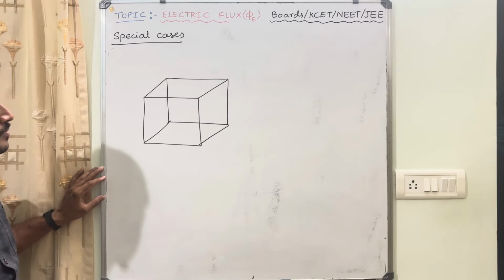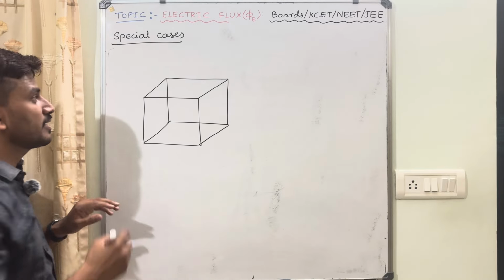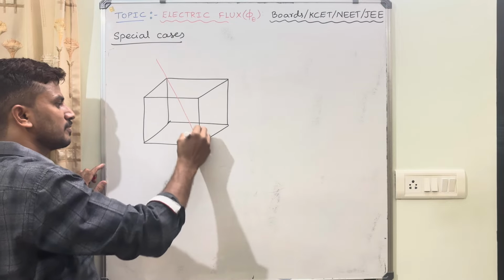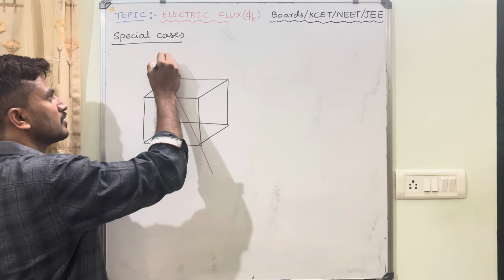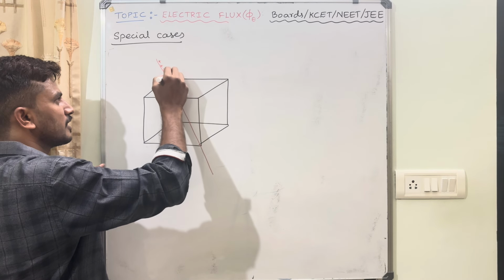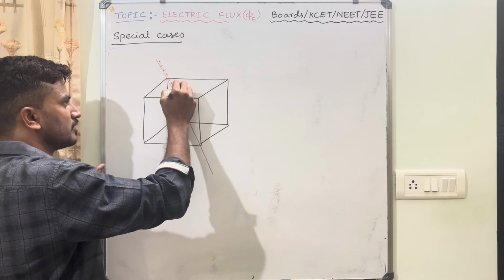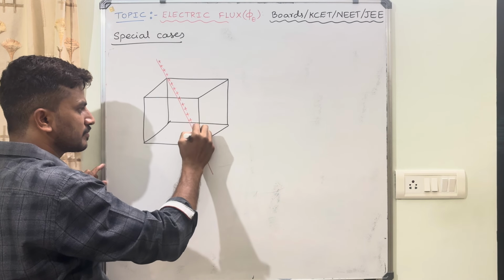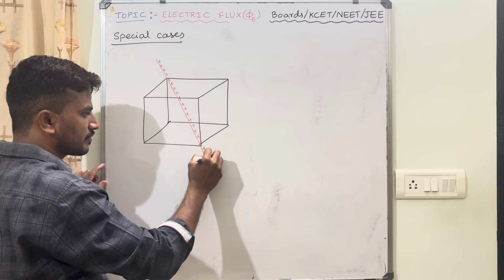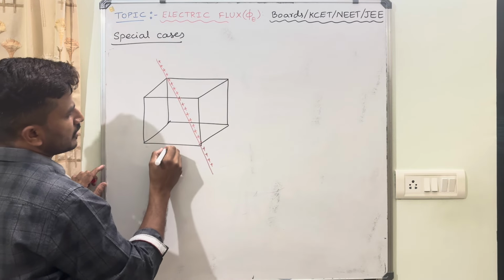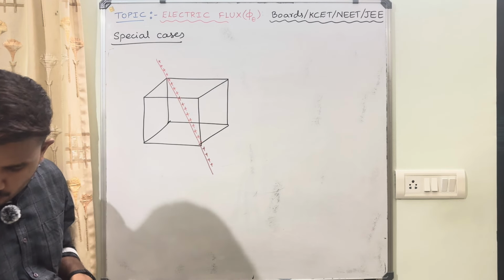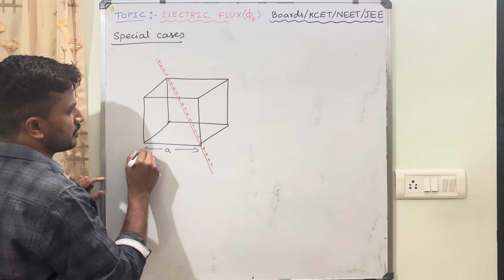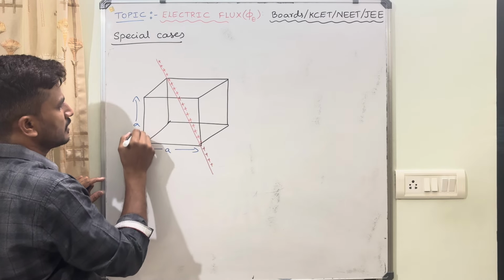Now there is a wire which is placed along its diagonal, which is uniformly charged with a linear charge density lambda. The side of the cube is given by A.